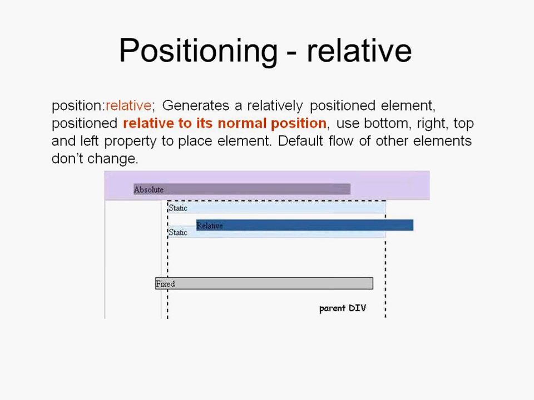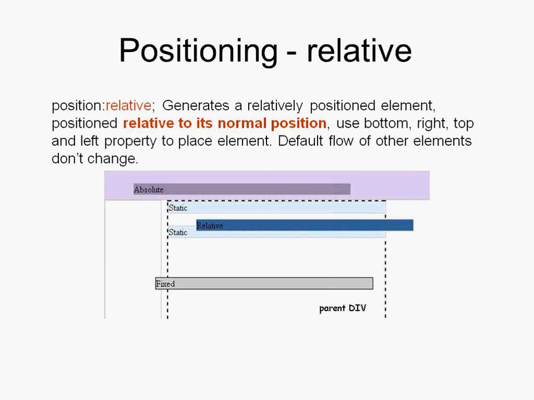The first element is static, no positioning. The second element, I have created it relative, and I have given it some left and top 10 pixels. So from its default position, it will go that much to the top and that much to the left. The space for this element also stays.